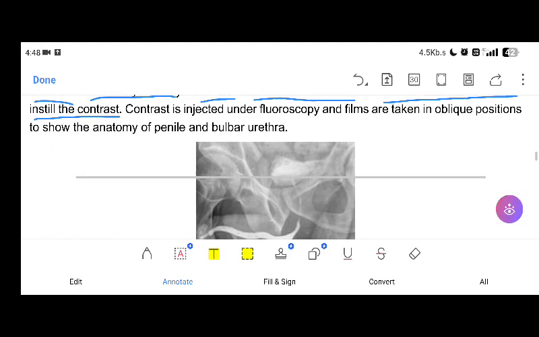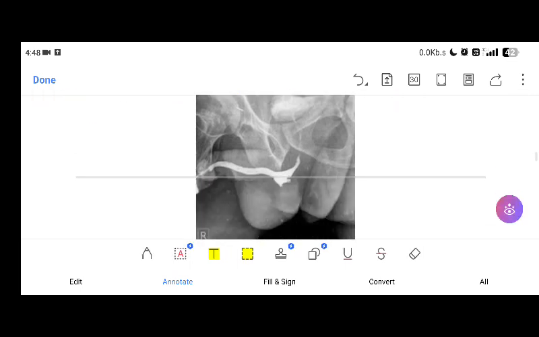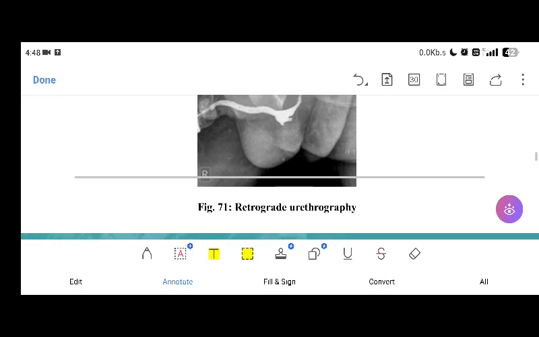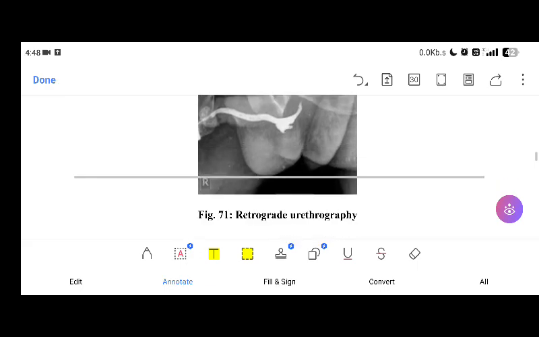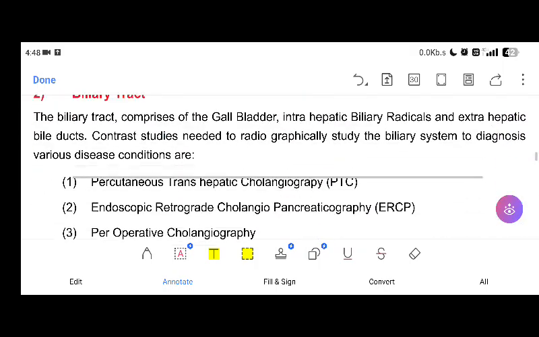Contrast is injected under fluoroscopy and films are taken in oblique positions to show the anatomy of the penile and bulbar urethra. So this is the RGU, retrograde urethrography, to see the urethra.